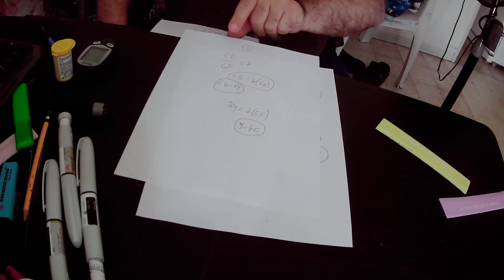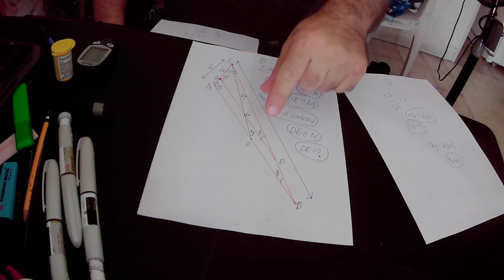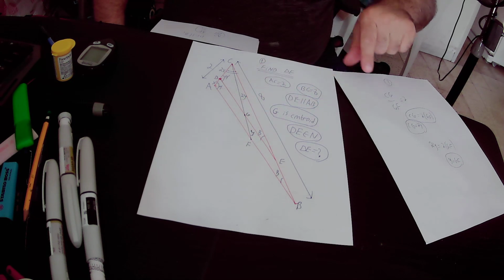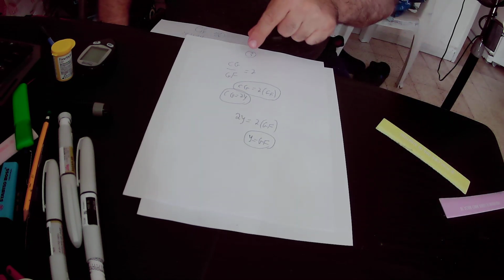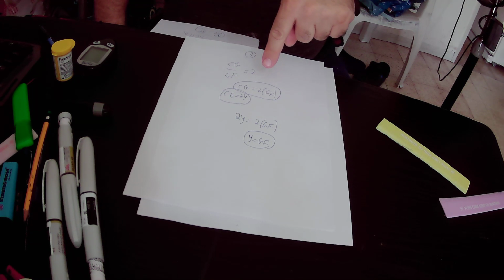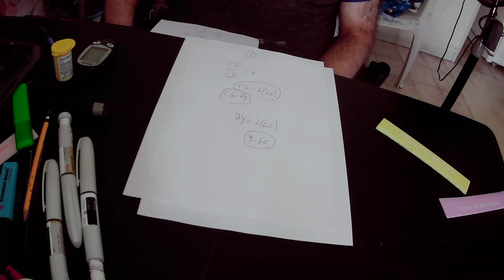That is to say, CG over GF equals 2. If we multiply this equality by GF, we will get that CG equals 2 times GF.